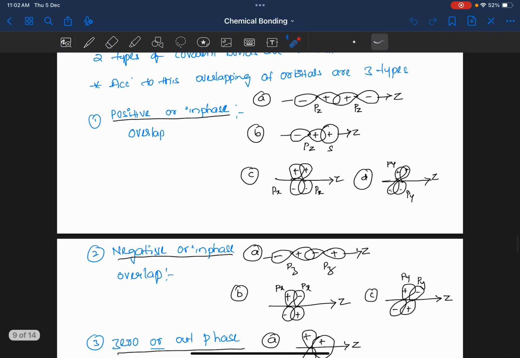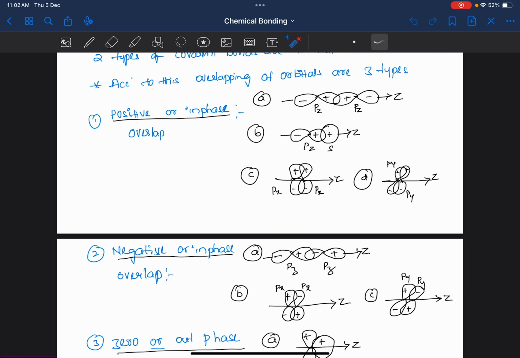Now, positive or in phase overlap means the first and second are possible overlaps, but the third one is not possible. In positive overlap, two positive lobes of orbitals overlap with each other, and here also it is the same. Here they indicated pz orbitals, here pz and s orbital, and here px and px orbital, py and py orbital.